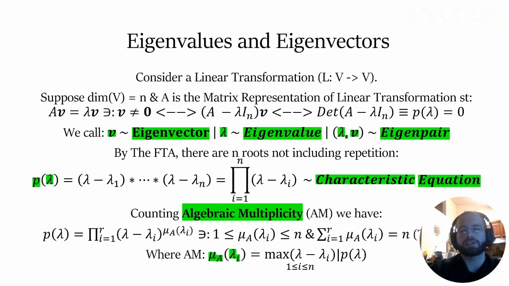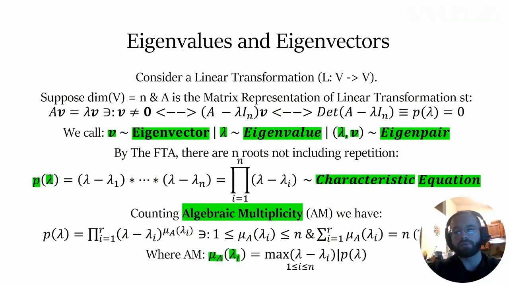So each multiplicity must be between 1 and n, right? And the total algebraic multiplicity, which is the sum of all those algebraic multiplicities, is equal to lowercase n, which is the dimension of that vector space, right?